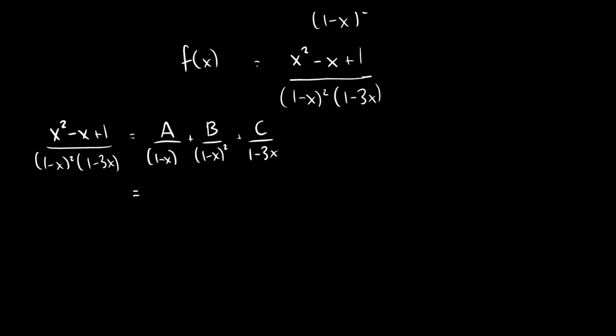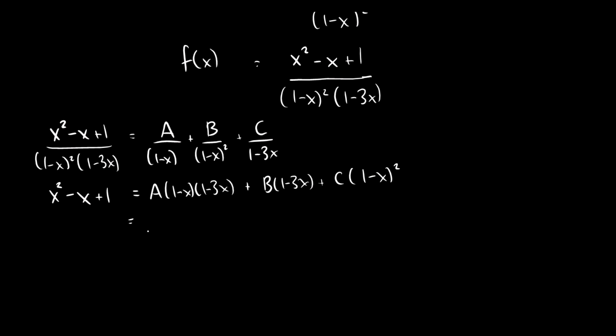Let's make sure these are all over the same denominator now. So we have x squared minus x plus 1 is equal to A times (1 minus x) times (1 minus 3x) plus B times (1 minus 3x) plus C times (1 minus x) all squared.